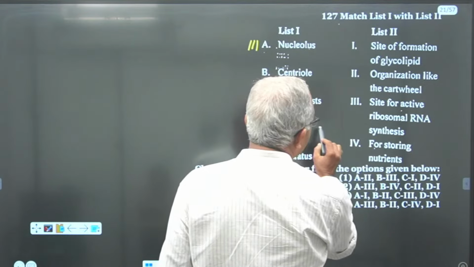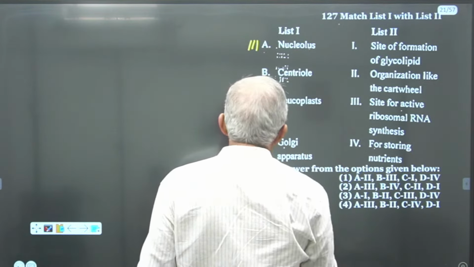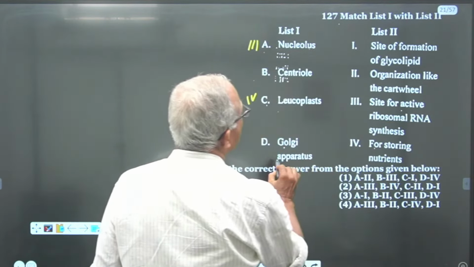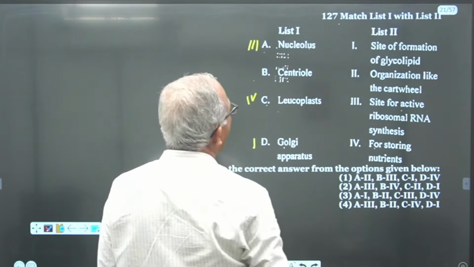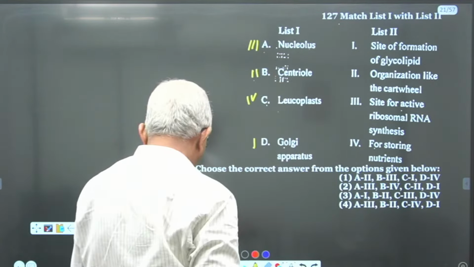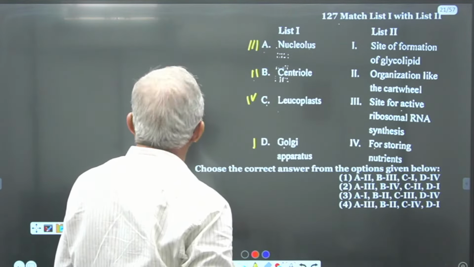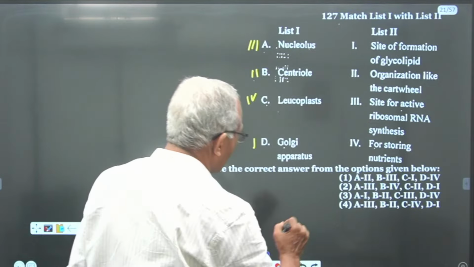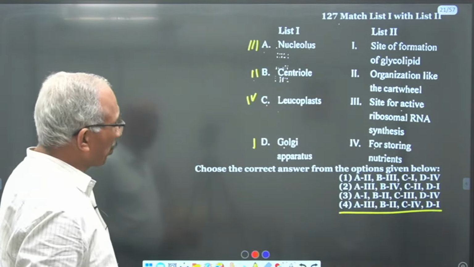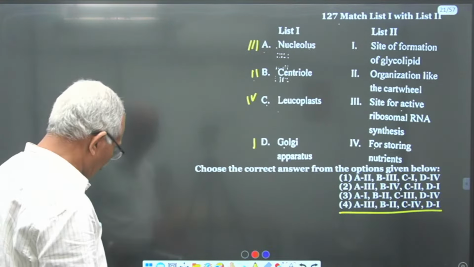Leucoplast is for storing nutrients. Golgi apparatus, site of formation of glycolipids. A3, B2, C4, D1. Answer 4.